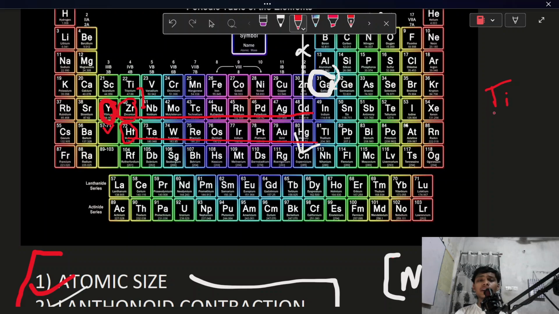And according to the regular trend, the one situated down the group is going to be more in size. That is the reason titanium is smaller in size than zirconium.